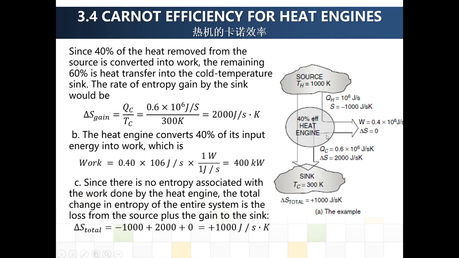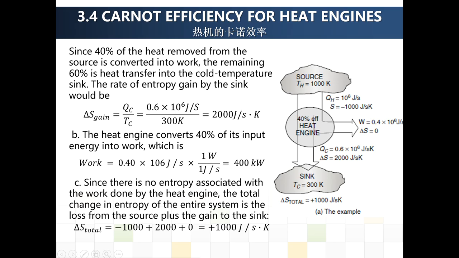The heat transferred to the low temperature reservoir is 0.6 times 10 to the 6. TC, the temperature at the low temperature reservoir, is 300 K. So QC divided by TC is equal to 2000 joules per second Kelvin. So the entropy gained by the low temperature sink is 2000.